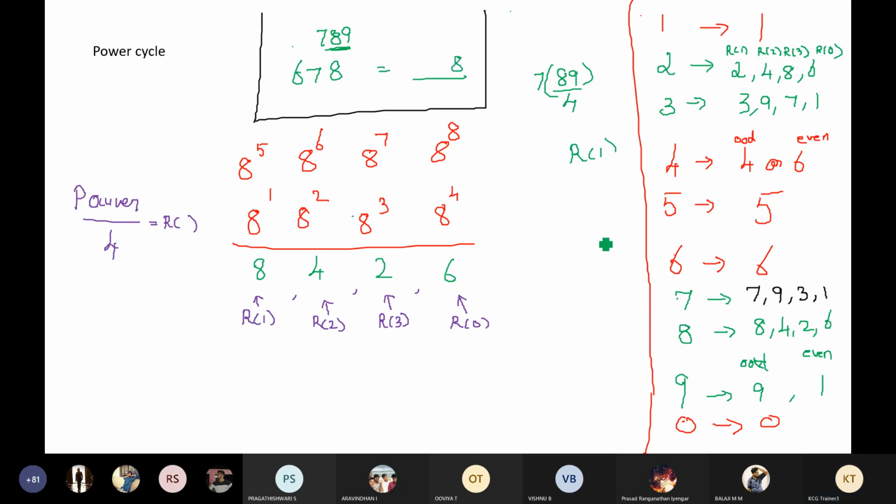Clear, people? Excellent. Now, out of all the single digit numbers that we have seen, 1, 2, 3, 4, 5, 6, 7, 8, 9, which ones are a bit tedious compared to the others? For which numbers is finding out the last digit a bit tedious compared to the other methods?